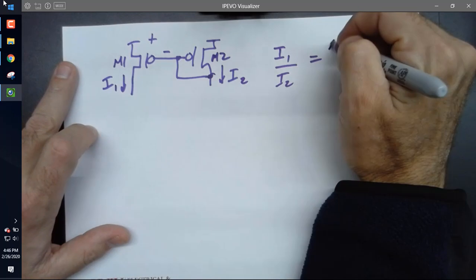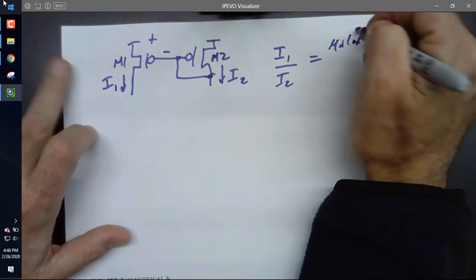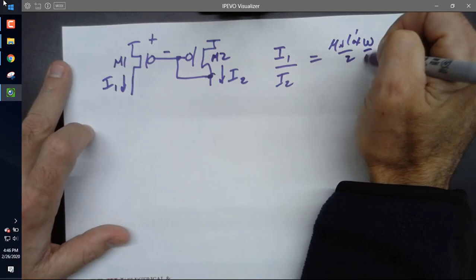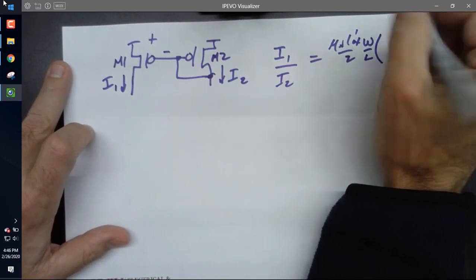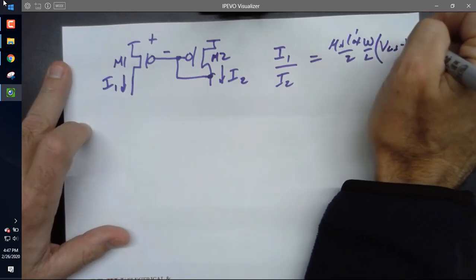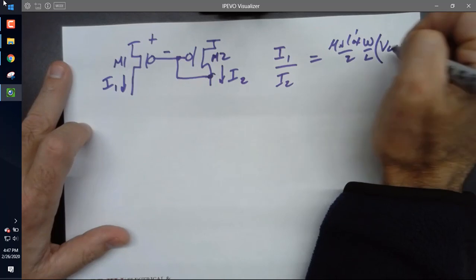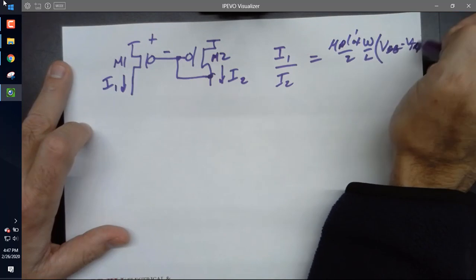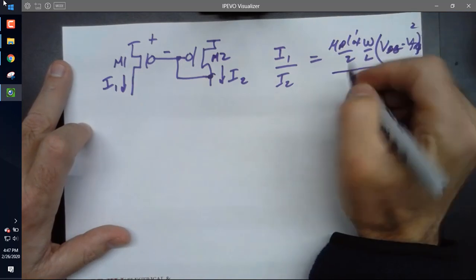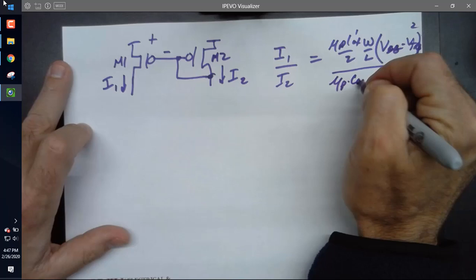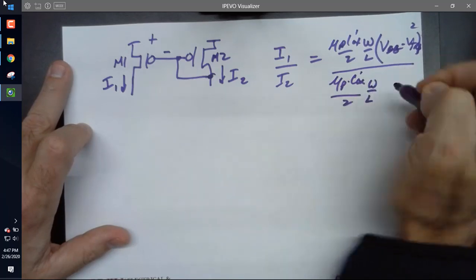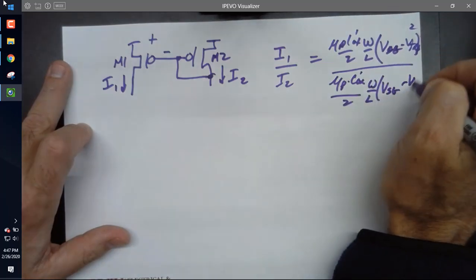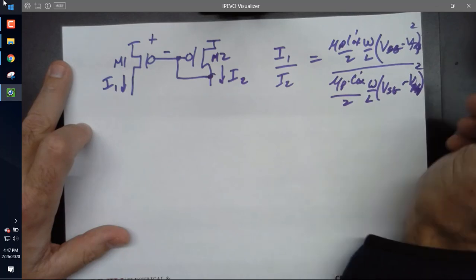And if you remember, that's mu sub n Cox prime over 2 W over L times VGS minus V threshold N squared, all over mu P times Cox prime over 2 times W over L times VSG minus V threshold P squared.